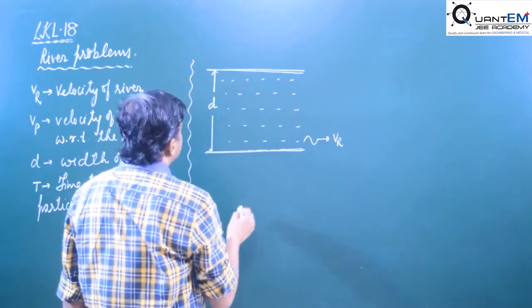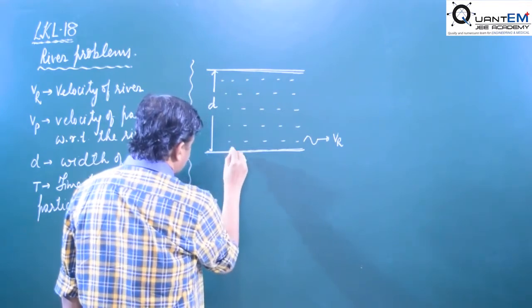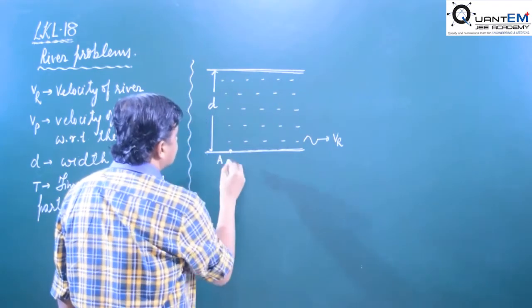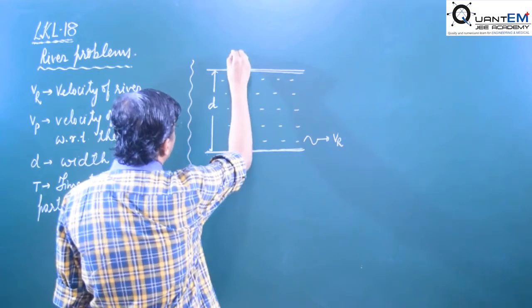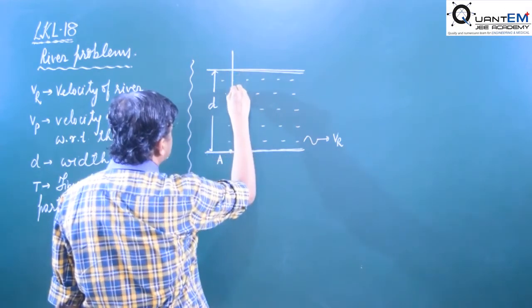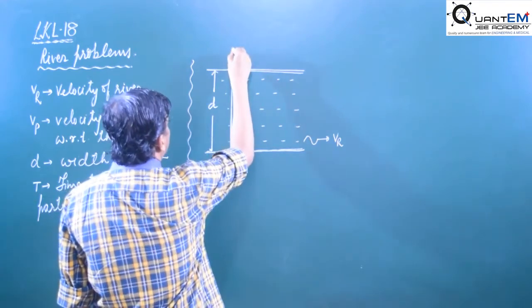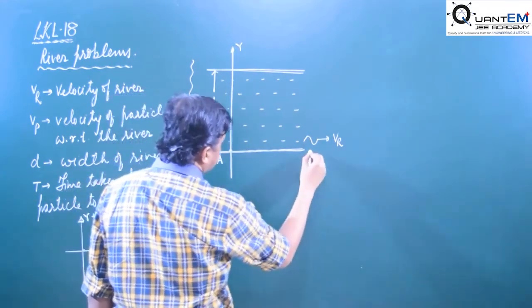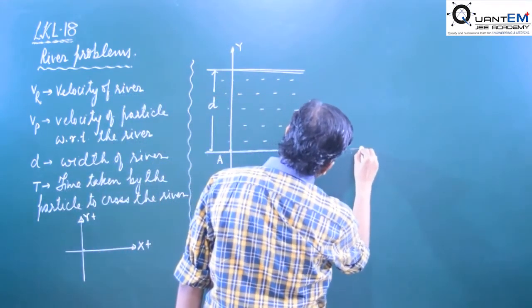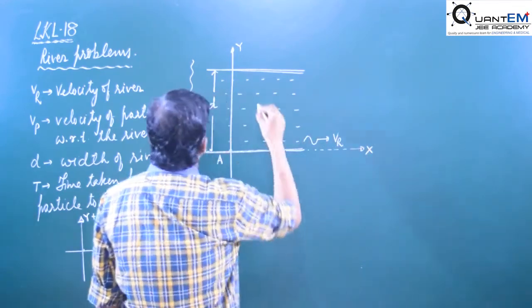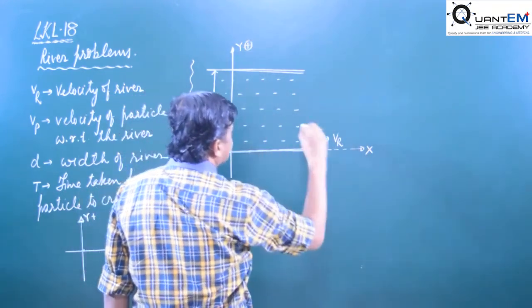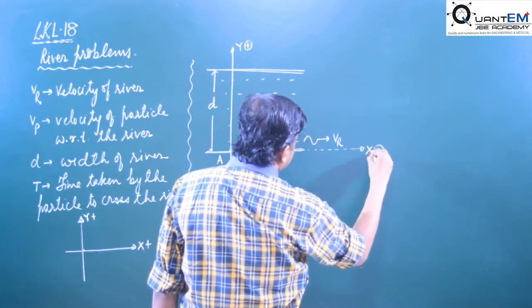And suppose particle starts moving from point A. So this initial point should be considered as the origin of coordinate system. This is y positive, and this is x positive.